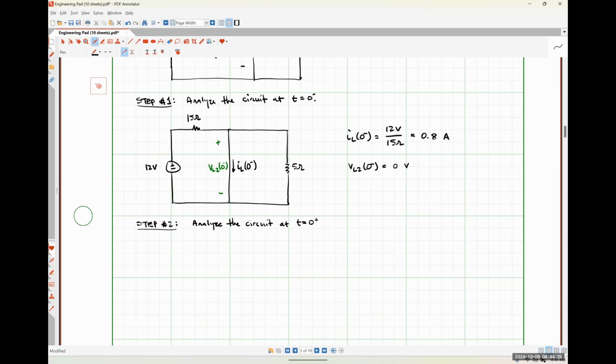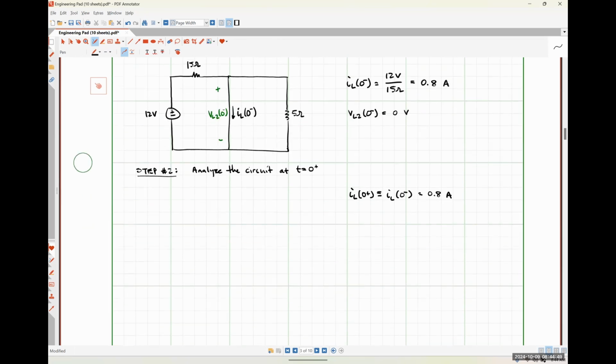We know then that our inductor current at T equals 0 plus has to be the same thing as our inductor current at T equals 0 minus, which would be 0.8 amps. It cannot be anything different or we would be violating the laws of physics.